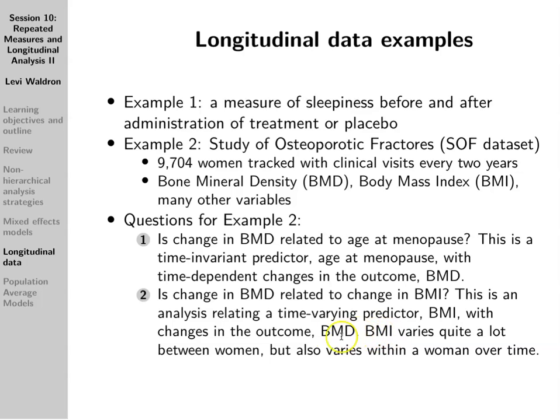And this BMI varies a lot between women and also over time. So this is a good example of analyses where you could imagine that for a single woman, for one of the women in this data set, you would be doing things like linear regression, you would know how to do it, but the challenge here is aggregating this analysis across 9,704 women to draw some more general conclusions.